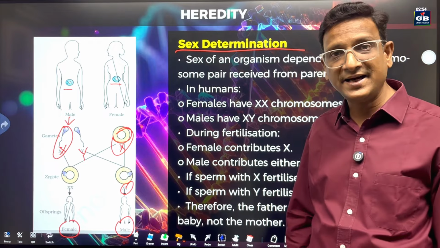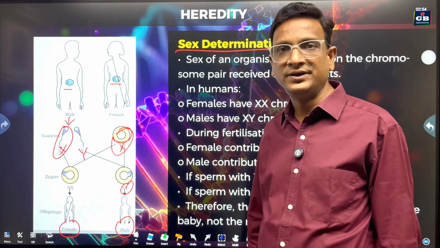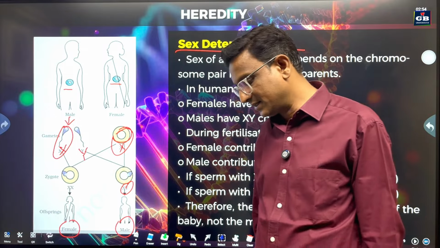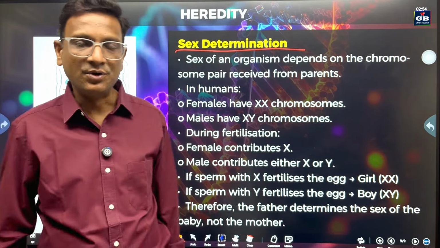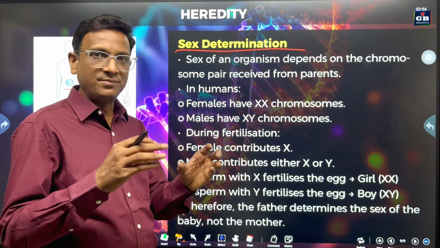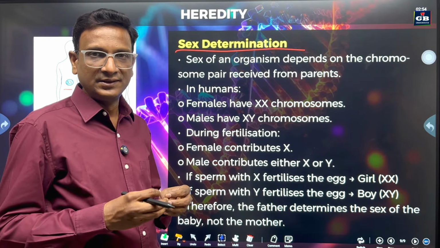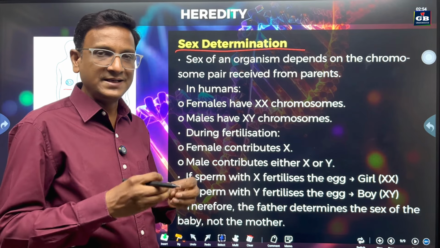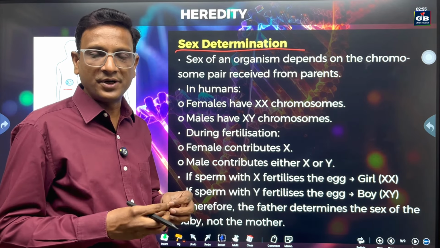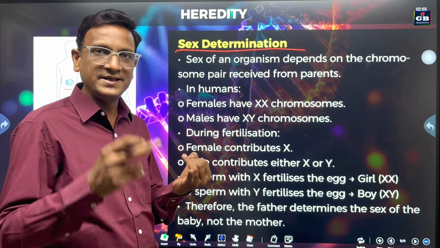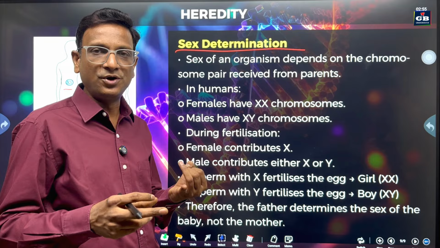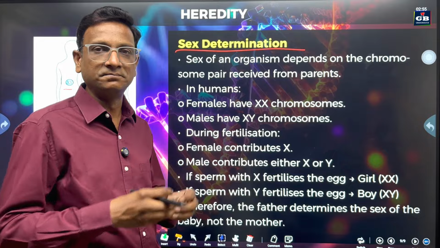So who is deciding the sex of the baby? Not the mother, it is the father. So the father produces sperm cells. In the body of the father, sperm cells of X and Y are produced. It is a mix of that. Right. So when he deposits the sperms into the female reproductive tract, he is depositing X chromosome sperms and Y chromosome sperms all together.